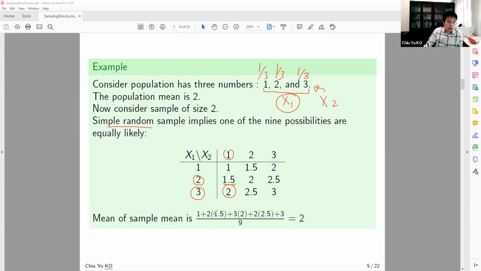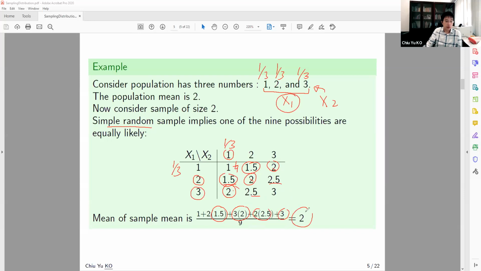So what is the mean of all the sample means? Each outcome has probability 1/9. So 1/9 of 1, plus 2 of 1.5, 3 of 2, 2 of 2.5, and 1 of 3.